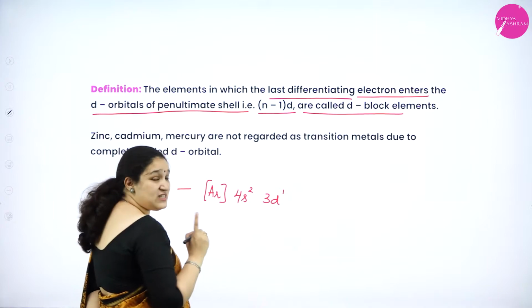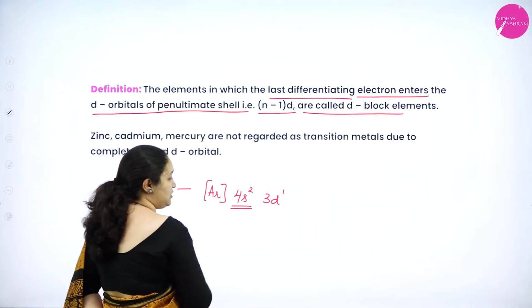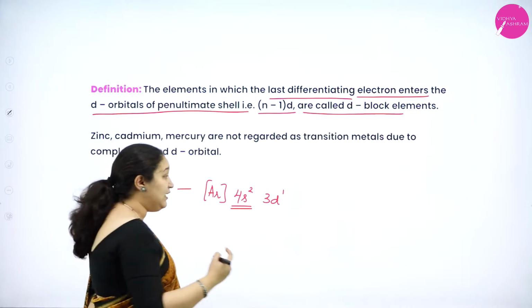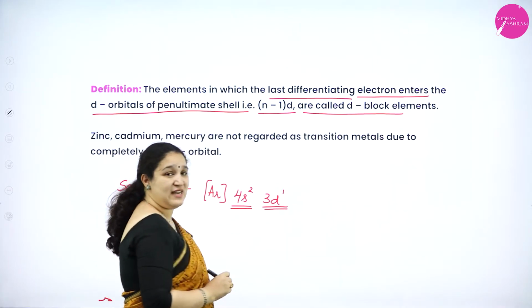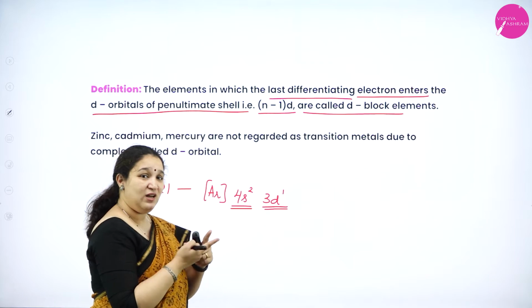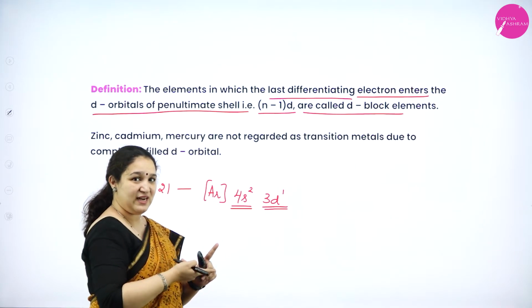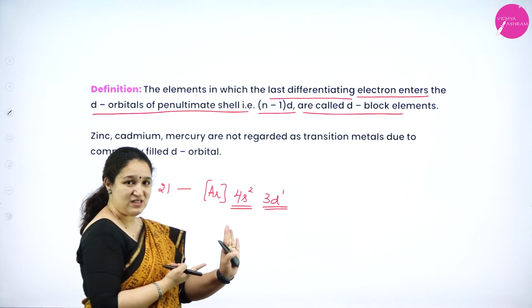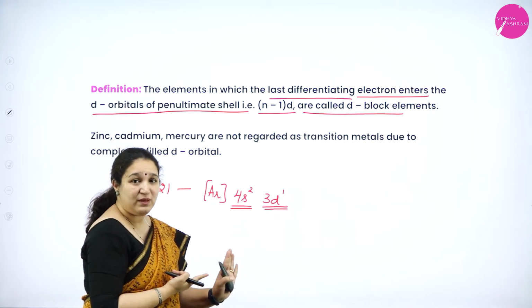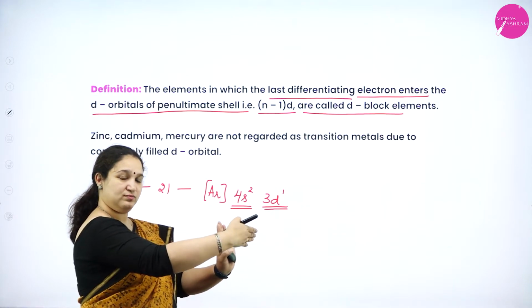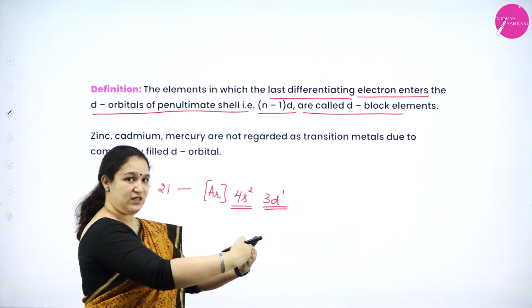But actually, which is the valence shell? Fourth shell. But which shell of the d is getting filled? Third shell d orbital is getting filled. So the d orbital of one shell inside, the previous shell compared to the valence shell, is getting filled, isn't it? That is the meaning of penultimate shell. The last shell we call the ultimate shell.